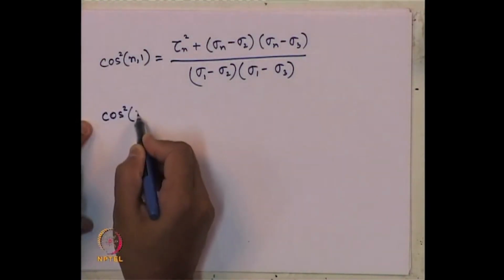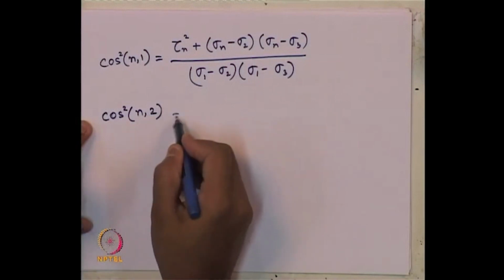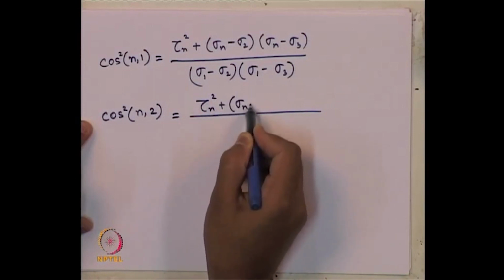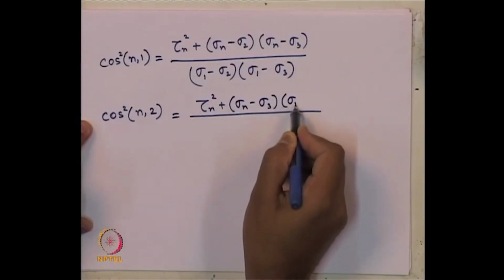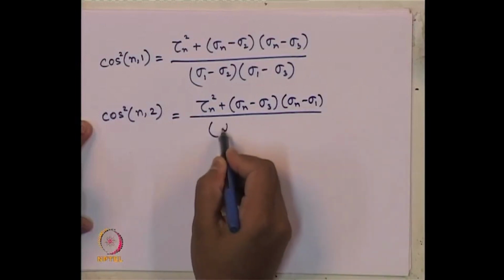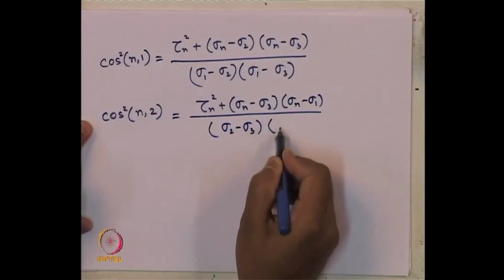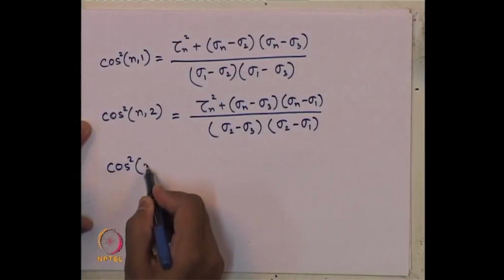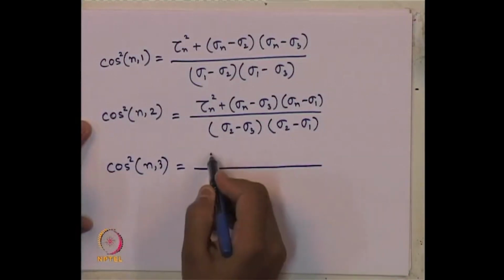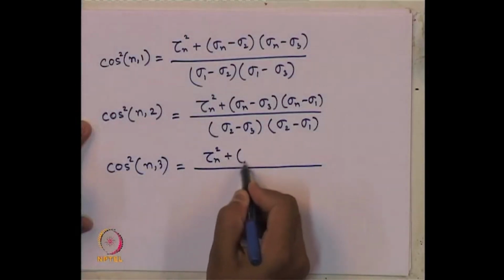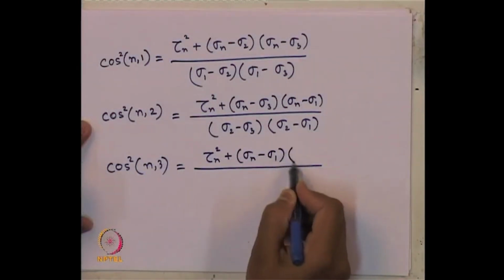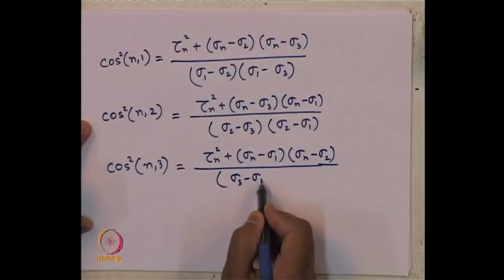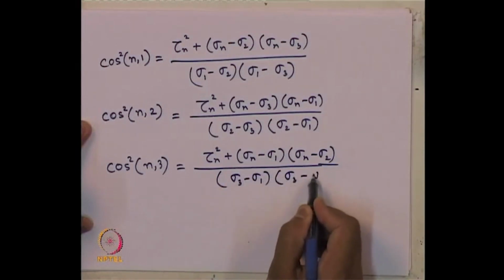Similarly, cosine square n2 should be tau n square plus (sigma n minus sigma 3)(sigma n minus sigma 1) divided by (sigma 2 minus sigma 3)(sigma 2 minus sigma 1), and cosine square n3 can be solved as tau n square plus (sigma n minus sigma 1)(sigma n minus sigma 2) divided by (sigma 3 minus sigma 1)(sigma 3 minus sigma 2).